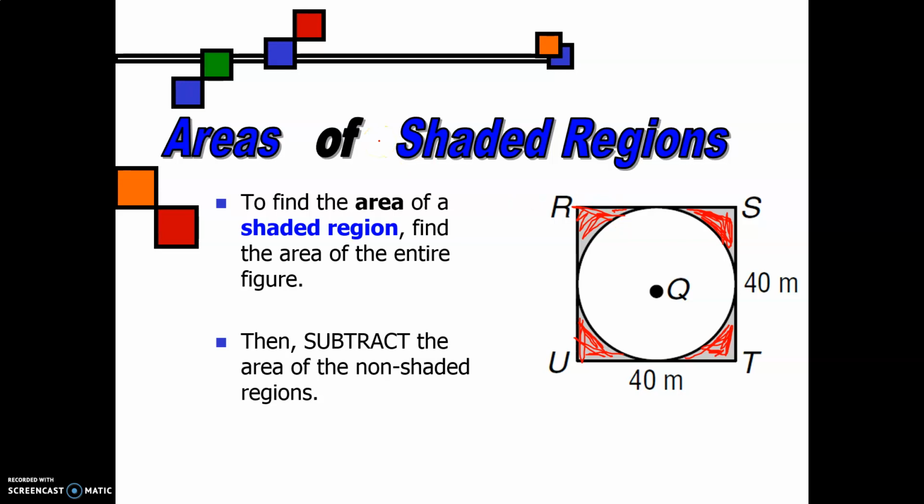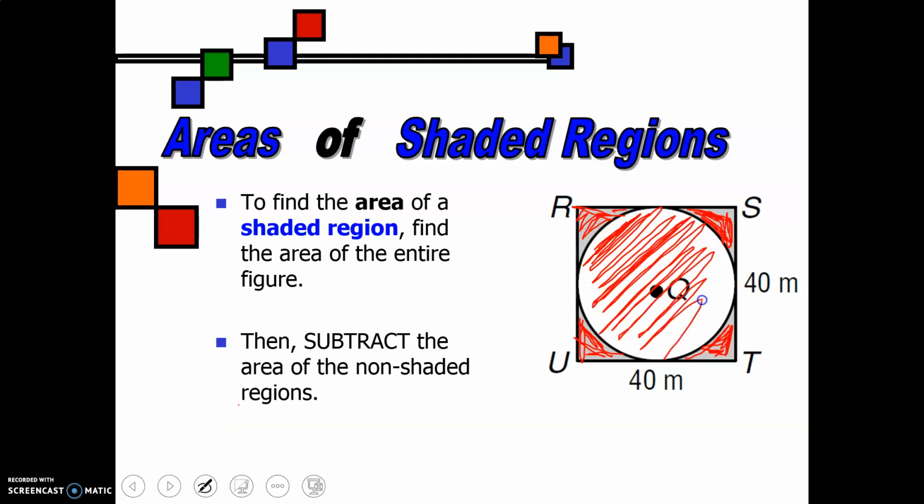So here's our procedure. What you're going to do is find the area of the entire figure. So we would find the area of the entire square. Let me erase that right there. We're just going to shade in this entire square. Once we find that out, we are also going to find the area of this circle that's inscribed inside that square.